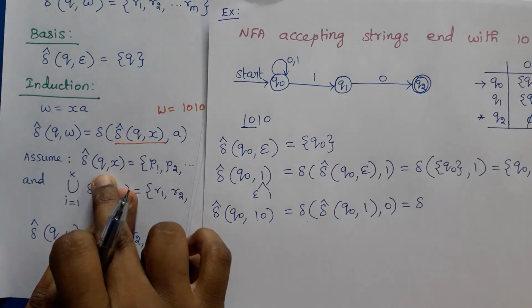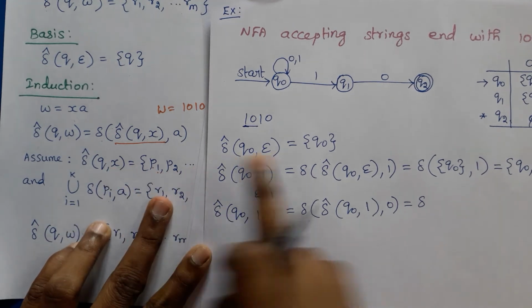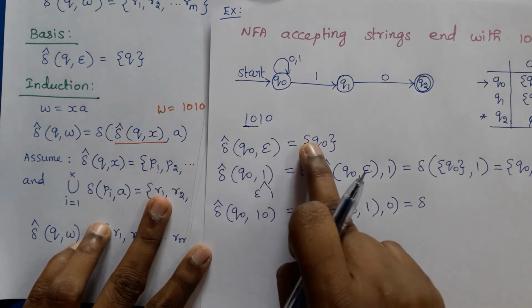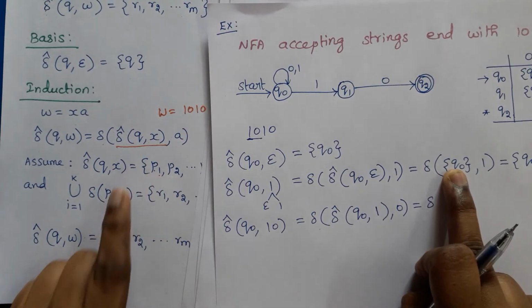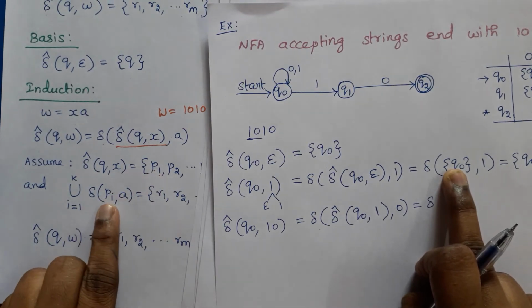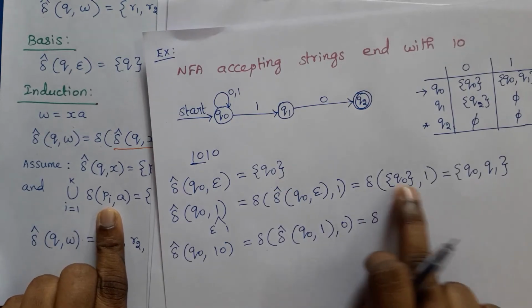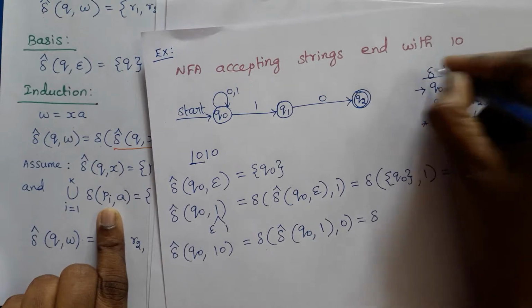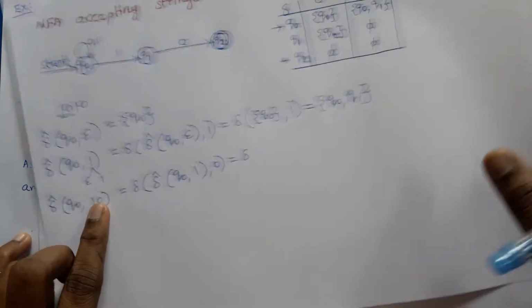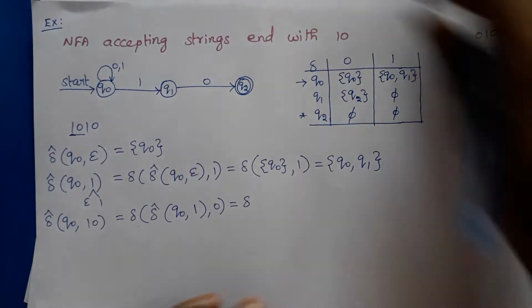First we have found delta cap of Q comma X, that is P1, P2 up to Pk, which we have already found. So Q0 is substituted here, and then we need to find delta. Here only one state is there, so we have used delta of Q0 comma 1 from this table. This is the delta table. So similarly we can find for other symbols also.